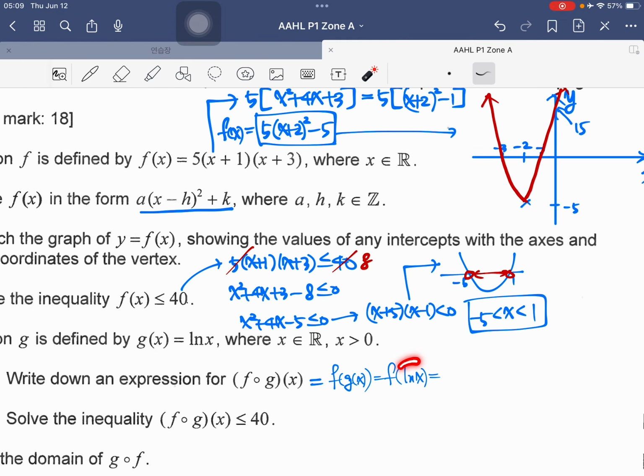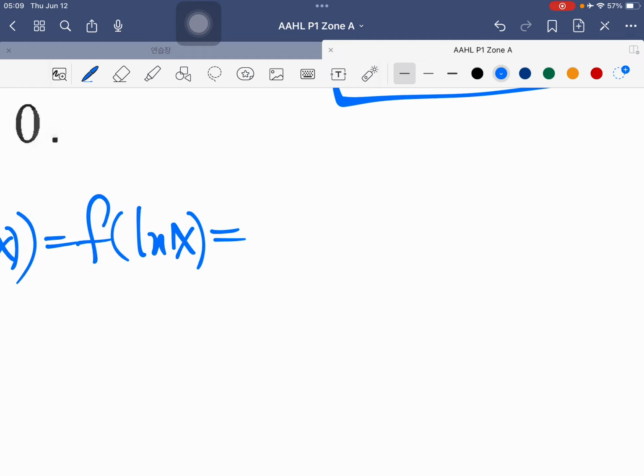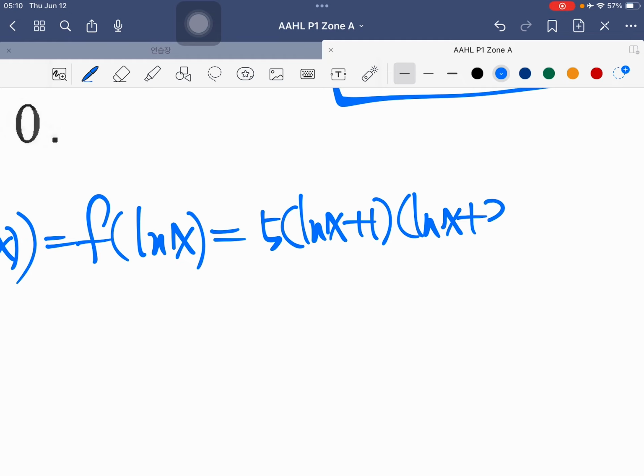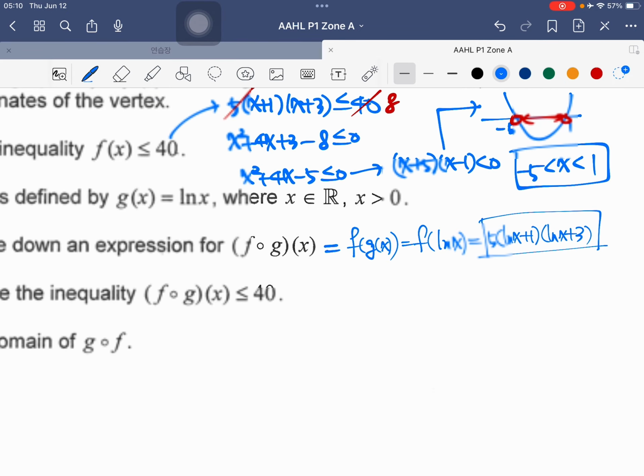So 5 times (ln x plus 1)(ln x plus 3). So this is the expression for f of g of x.